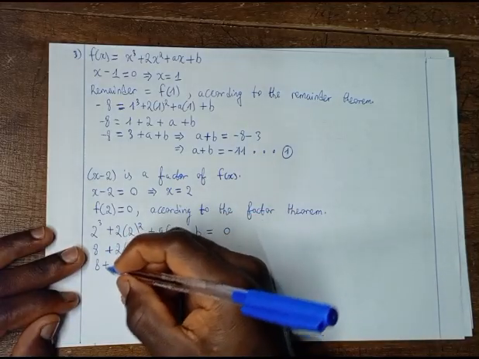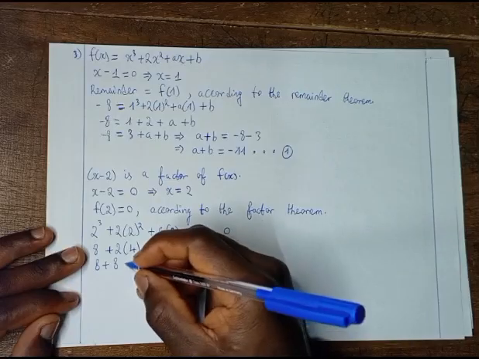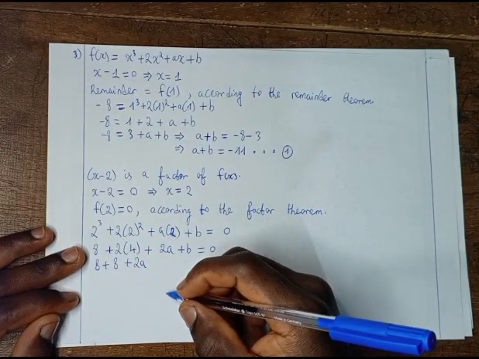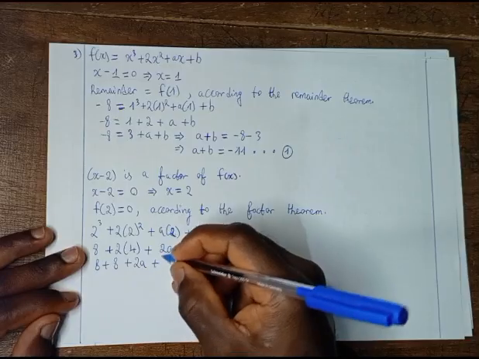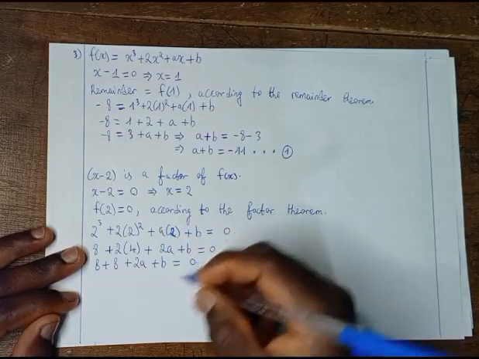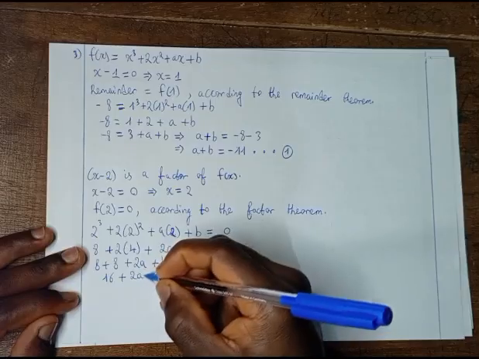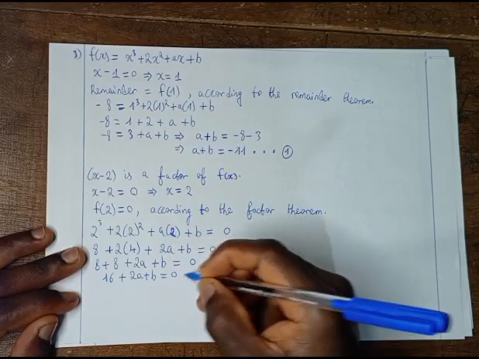This will give us 8 plus 8 plus 2a plus b is equal to 0. 8 plus 8 gives us 16 plus 2a plus b is equal to 0.